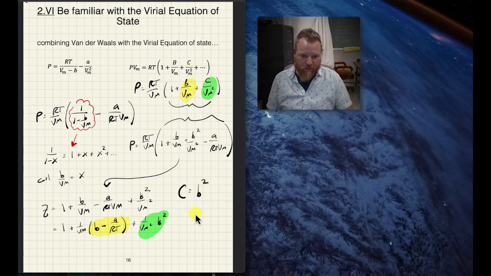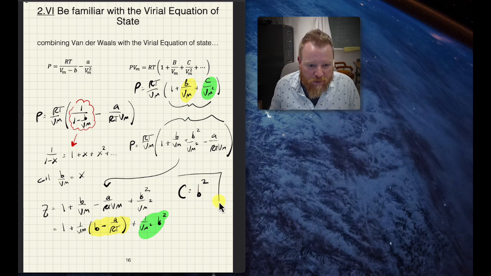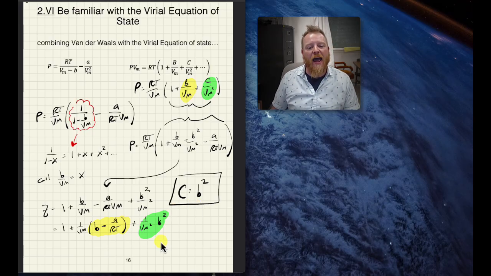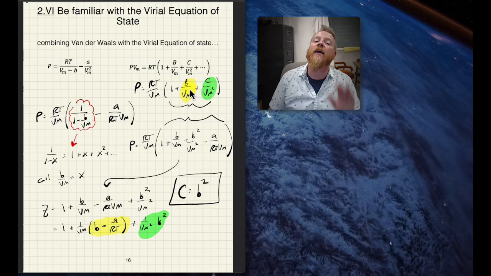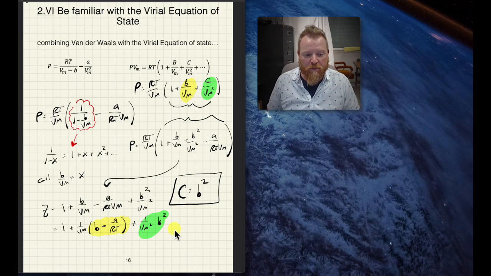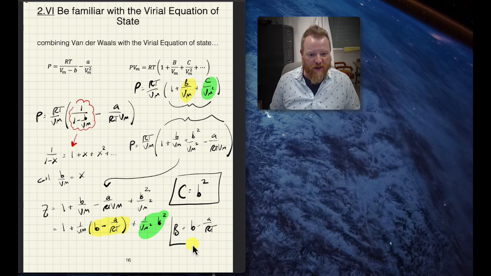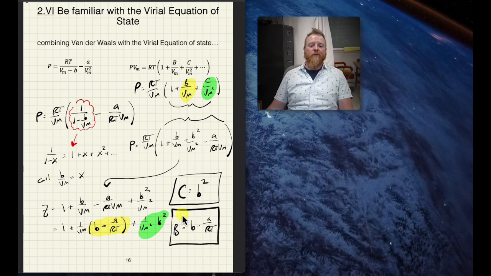That's really cool. That's important. Let's box that off. And now you can see that the virial coefficient B is equal to this collection of van der Waals terms, b minus a divided by RT. That's really important as well.